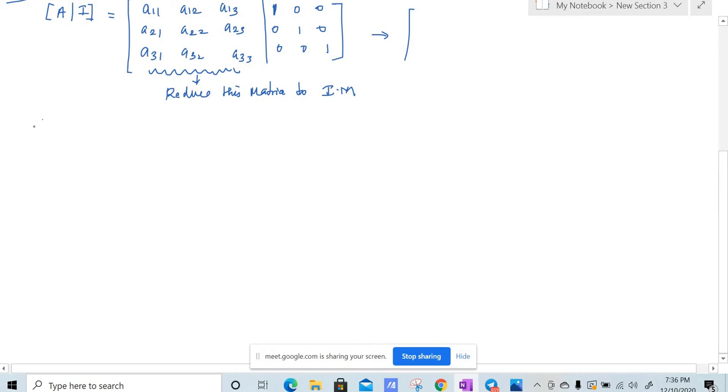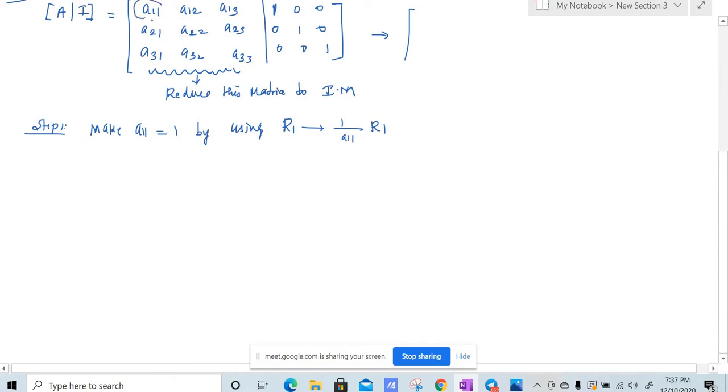So step 1, our aim is to make this 3 by 3 matrix to identity matrix, and whatever operation we are applying here, we need to apply here also. First step is, make A11 equal to 1 by using the transformation R1 becomes 1 by A11 times R1, right? We need to make this element 1, because we are transforming this to identity matrix.